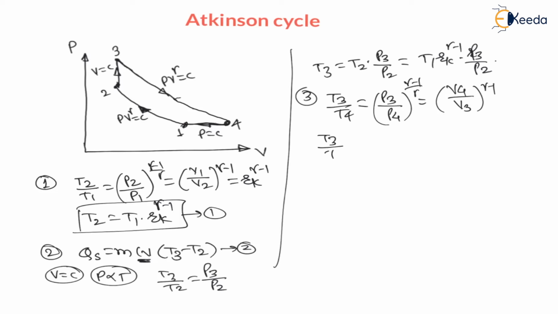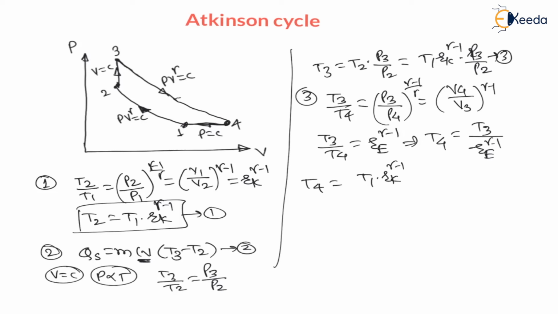Therefore T3 divided by T4 is equal to RE power gamma minus 1, so T4 is equal to T3 divided by RE power gamma minus 1. Let us say the T3 equation is equation number 3. From equation number 3, put the value of T3, which is T1 into RK power gamma minus 1 into P3 divided by P2, whole divided by RE power gamma minus 1. This is equation number 4, right?